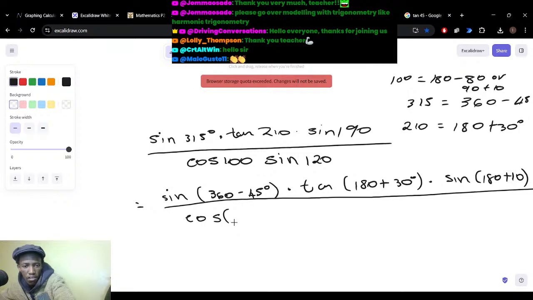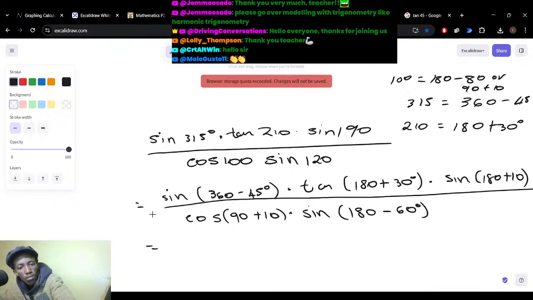So for this case, I'm going to use 90 instead of 180. So this is 90 plus 10, multiplied by, here I'm going to use 180 minus 60 degrees.